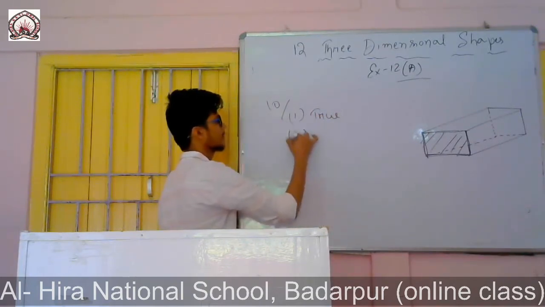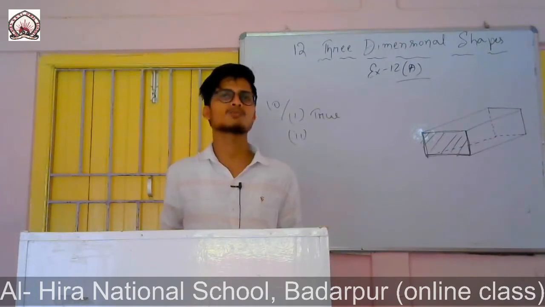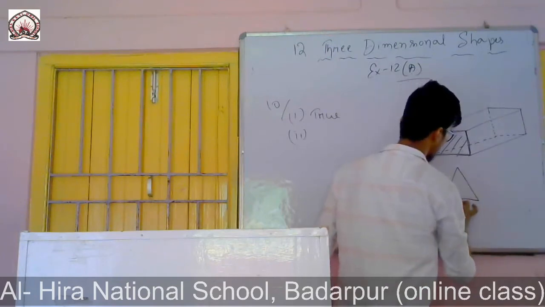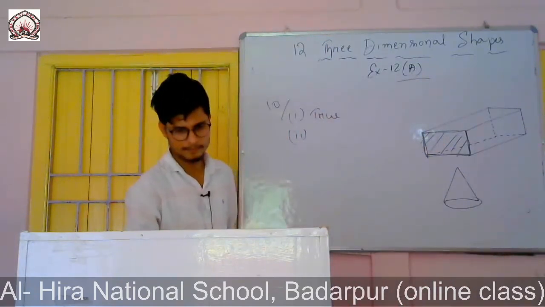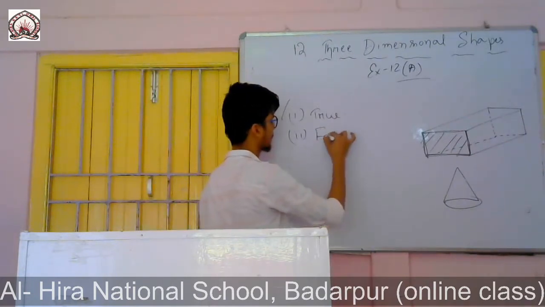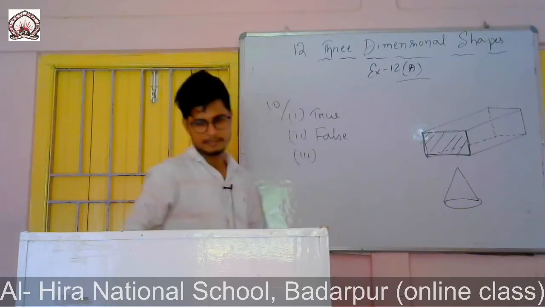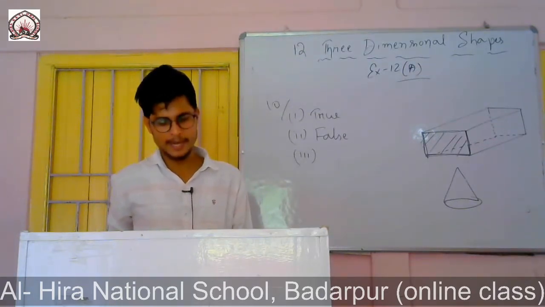Then Roman number 2, you see, a cone has 2 circular faces. No, a cone doesn't have 2 circular faces. It has only 1 circular face. So it is false. Then question number 3, a triangular pyramid has 8 edges.